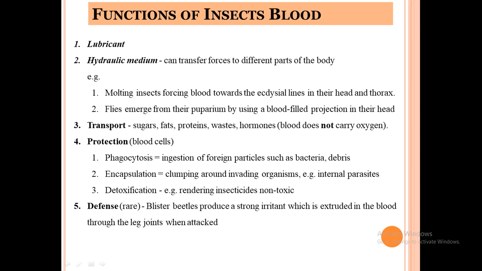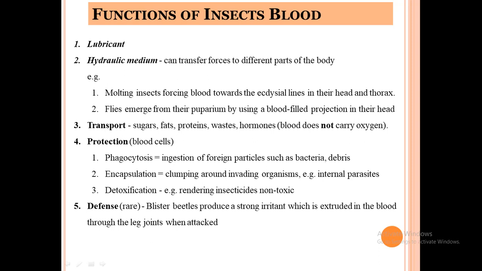The fourth function of blood is protection, which is performed by blood cells. Phagocytosis is performed by the blood cells, meaning ingestion of foreign particles such as bacteria, debris and other particles.